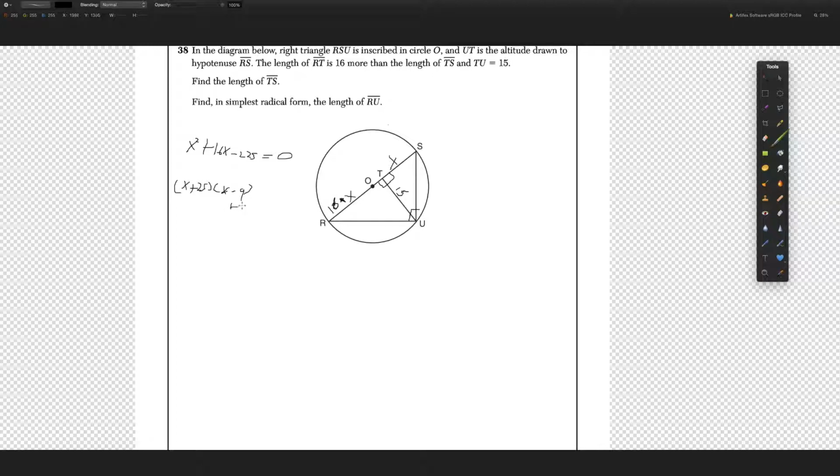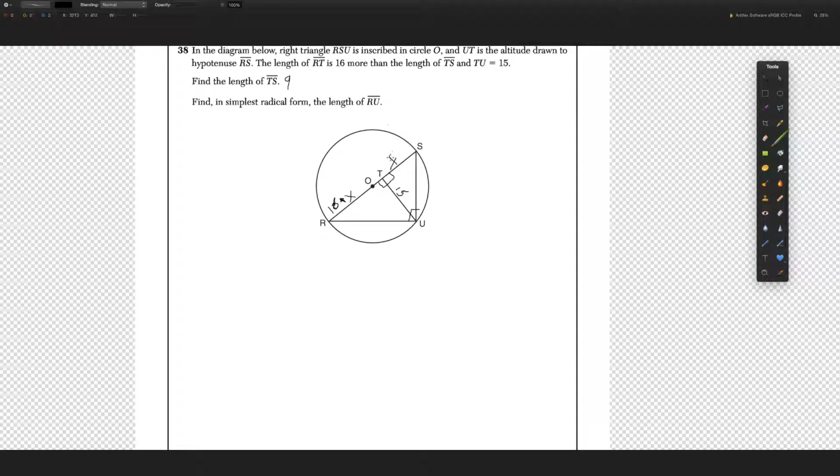Take the opposite roots, and we'll get positive 9. And we'll ignore the negative because you cannot have negative segments. So now x is 9. So RT will be 16 plus 9, which is 25, and TS is 9. By the way, we just got the answer for one of the questions. The length of TS, which is x, is 9.